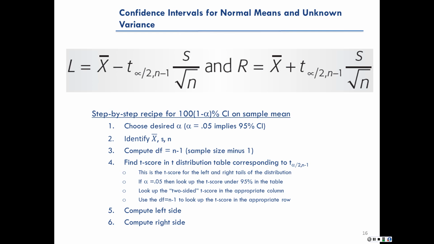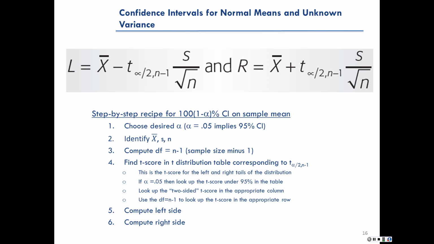So this is the t-score for the left and right tails of the distribution. If alpha equals 0.05, then look up the t-score listed under 95% in the table in your textbook for the t-scores. And you also want to look up the two-sided t-score in the appropriate column. So there's a place to look up a one-sided t-score and a place to look up the two-sided t-score.